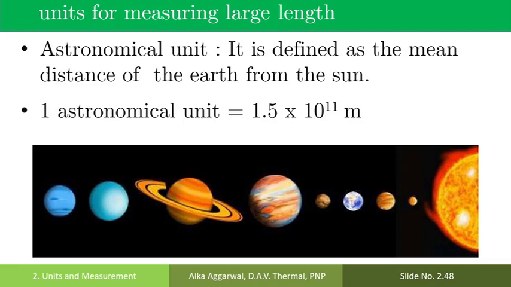Astronomical unit is defined as the average distance of the Earth from the Sun. It is the Sun and it is the Earth. This average distance between the Earth and the Sun is equal to 1 astronomical unit. And 1 astronomical unit is equal to 1.5 into 10 to the power 11 meter.